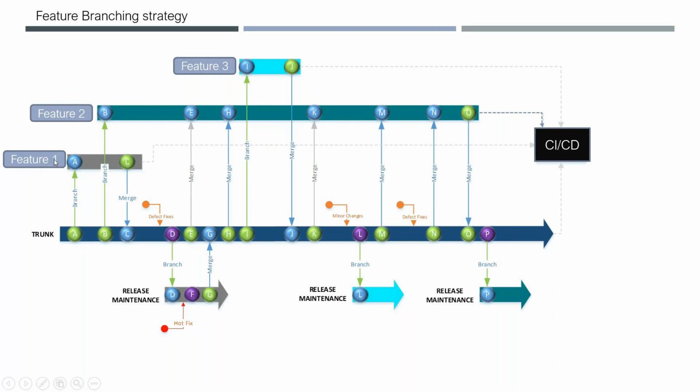Correct, this is the flow. And if you look at this release branch arrow from point G, why am I merging to trunk again? The reason is I had to do some bug fixing here in the release, a hotfix basically. When I did a hotfix in my release branch, what happened?